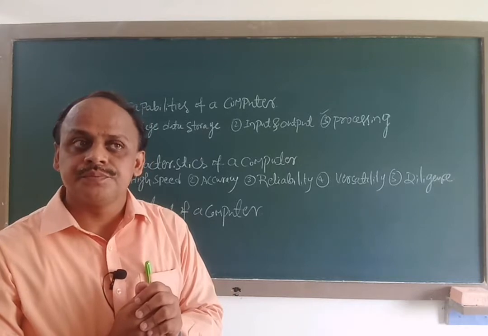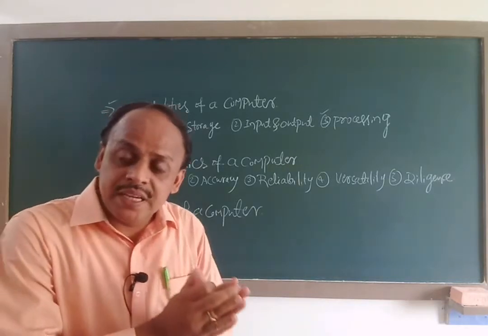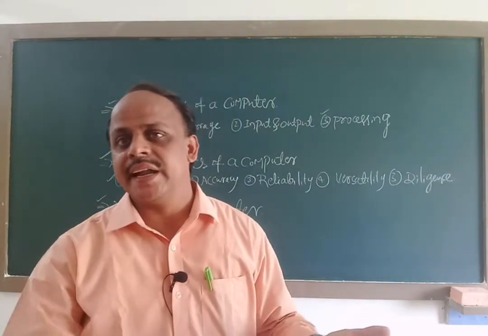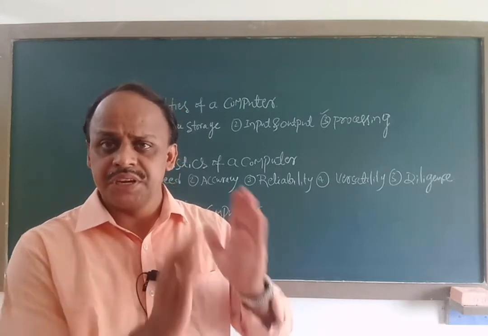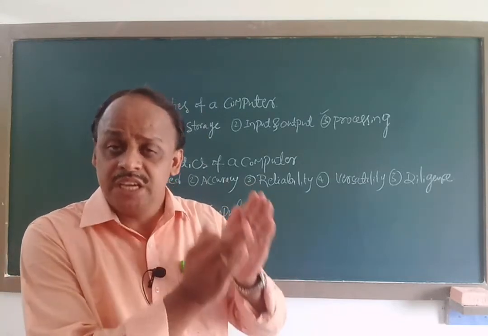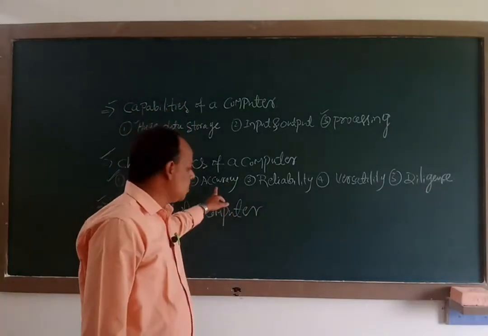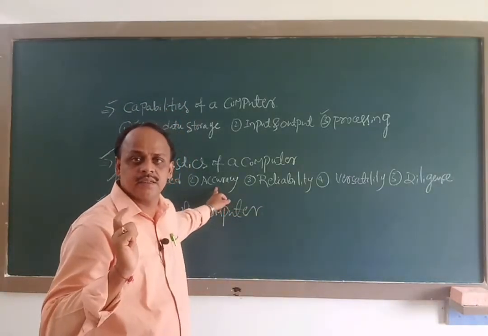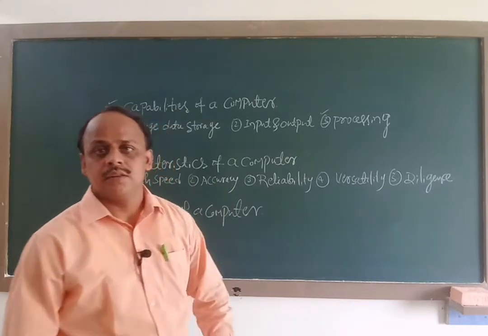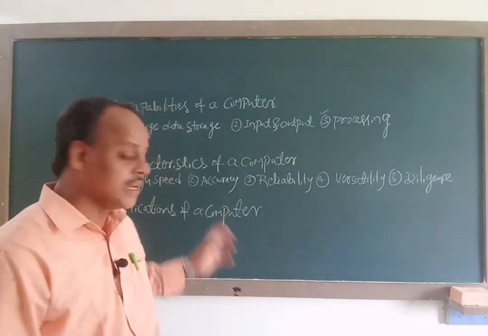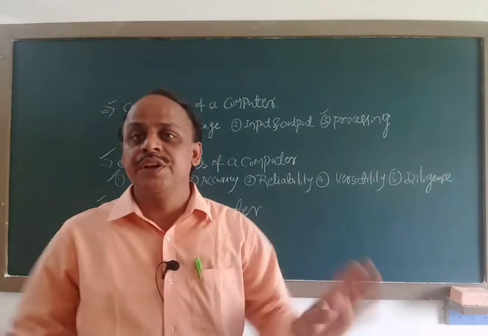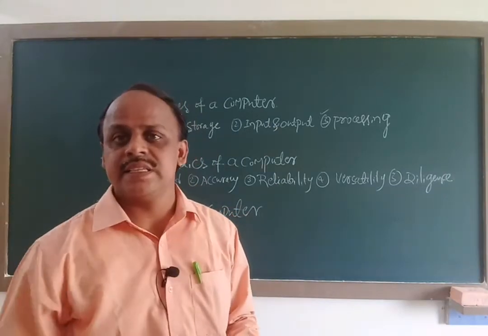If the input is wrong, we get a wrong result. If the instruction is clear and the input is clear, it gives an accurate result. So accuracy means it does not give a faulty result.